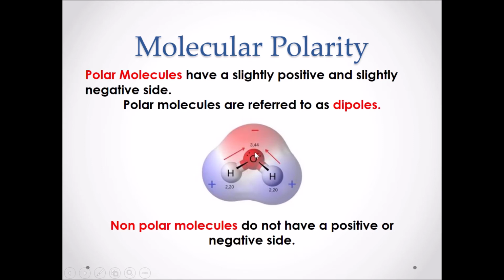Oxygen also has two lone pairs around its nucleus. Therefore, this is going to be the more negative side of this molecule. As a result, the hydrogen side will become the more positive side. Nonpolar molecules, on the other hand, do not have a positive or negative side. They can be considered neutral.